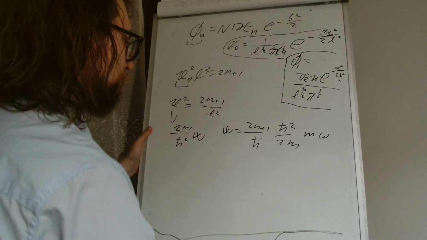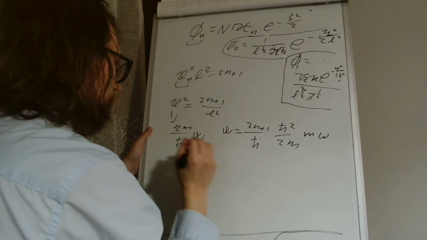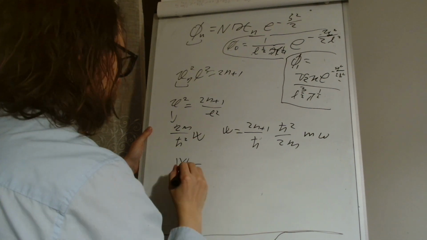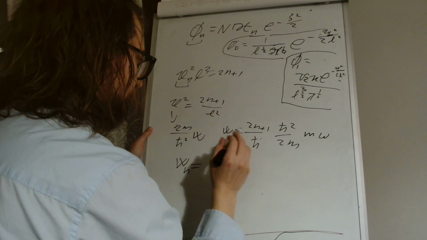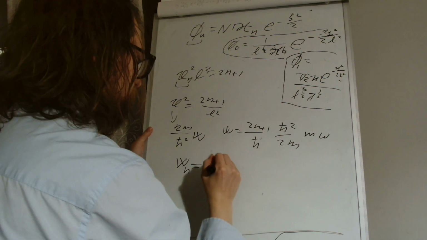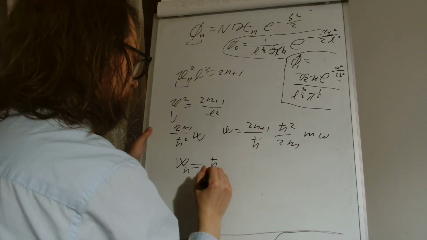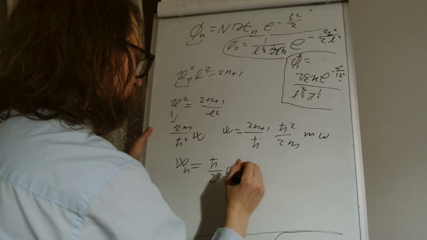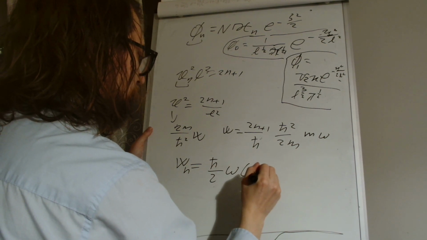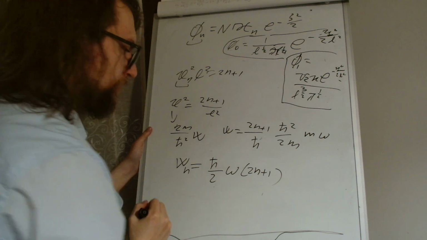So for the energy parameter W we get h-bar divided by 2 times omega times 2n plus 1.